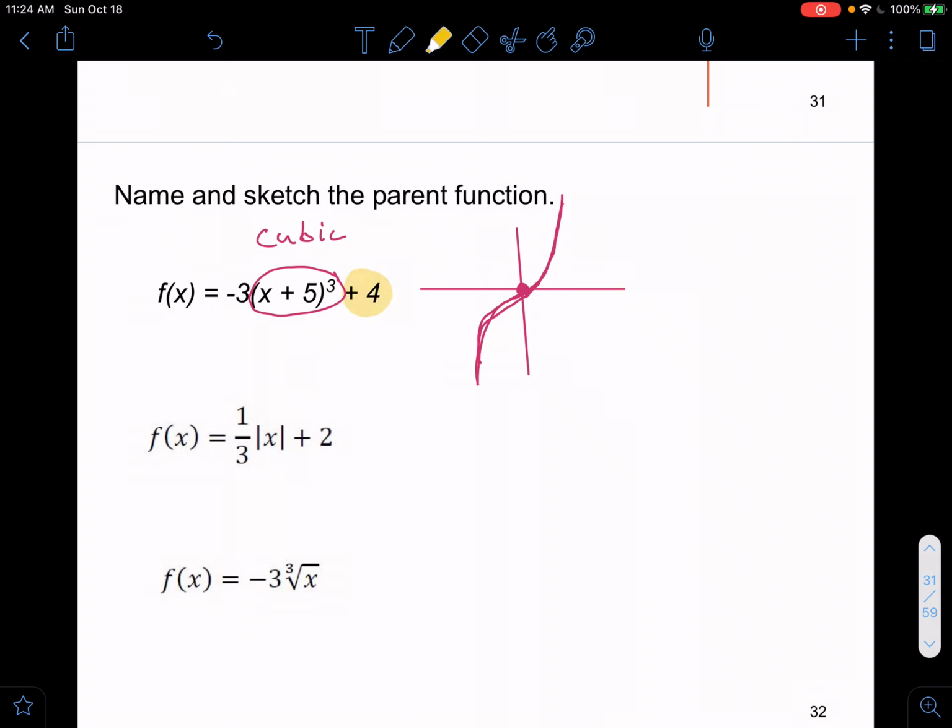Now, the plus 4 is going to move our graph up 4. And the plus 5 happening inside of what's being cubed, which means he's the one that will lie to you, so we are going to shift our graph 5 to the left. So if I go 5 to the left and up 4, my new locator point will be sitting over there.